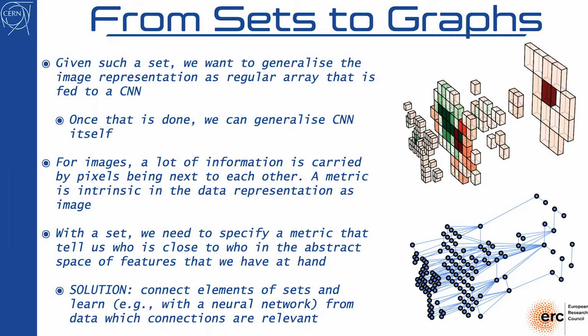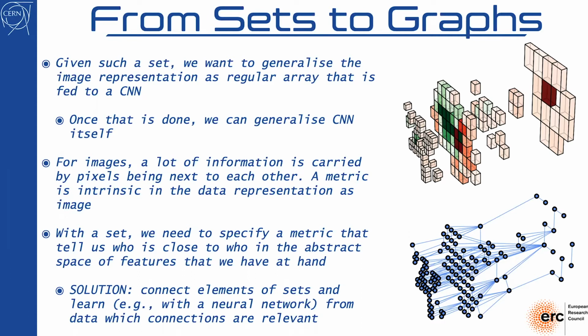And then somehow try to learn a representation in which the relevant connections are highlighted and the irrelevant connections are dropped. Or if you want, you're trying to learn a metric by which things that talk to each other are nearby and things that are unrelated are far away. So not the distance in the physical space in which your data are represented, but in some abstract space.